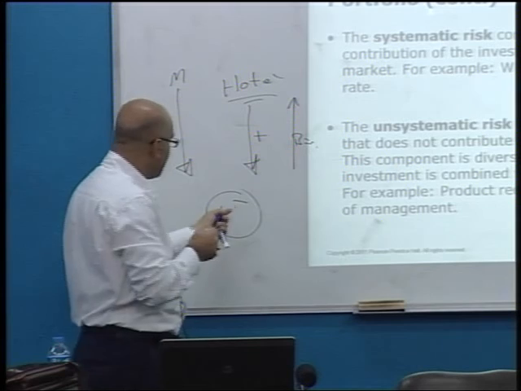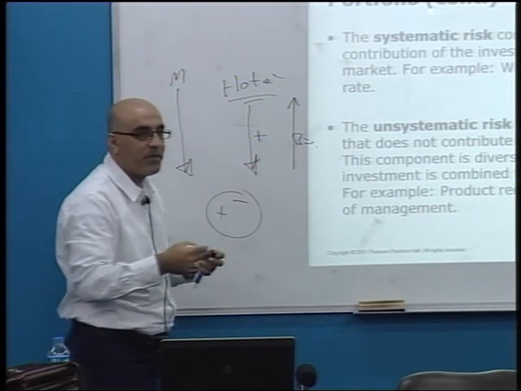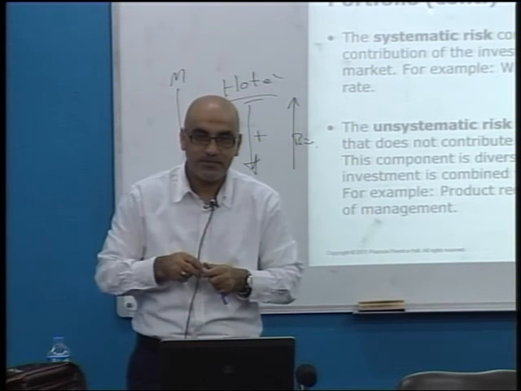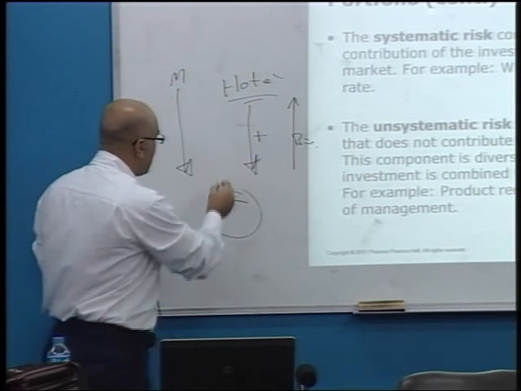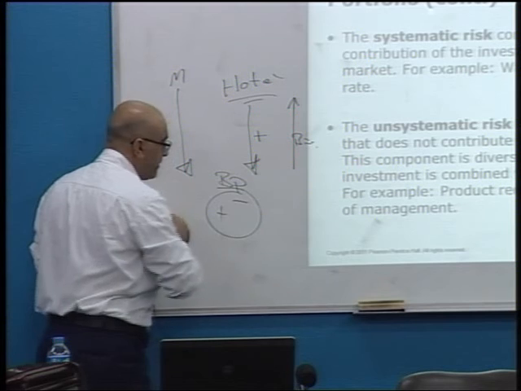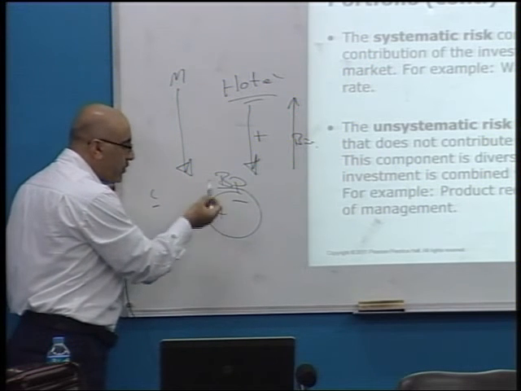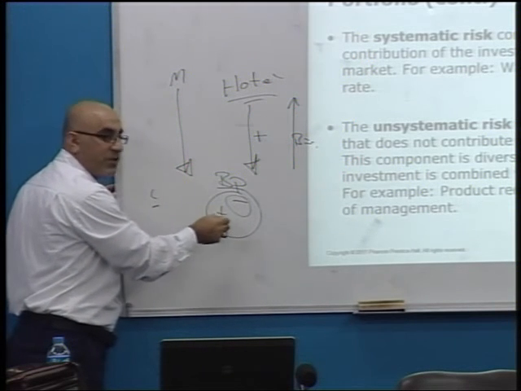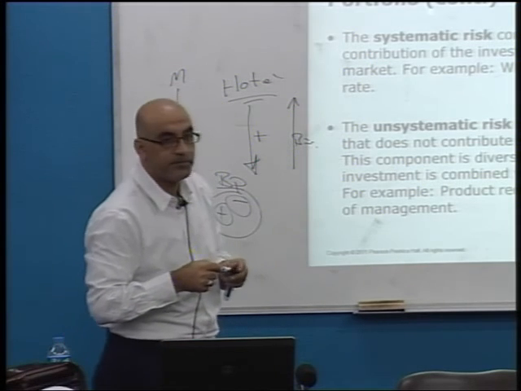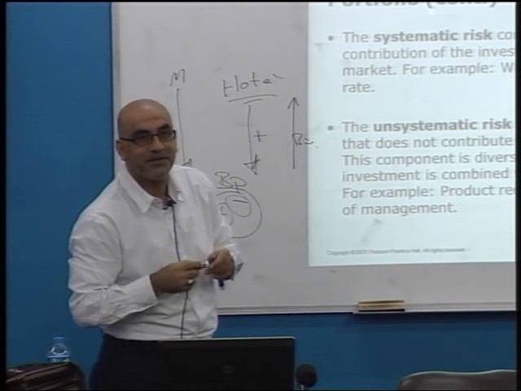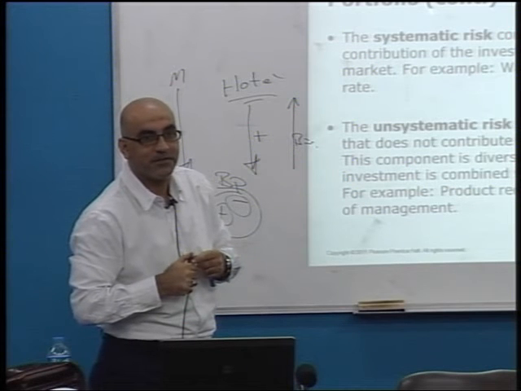If both minus and plus are together, maybe the beta will be lower. And the beta of the portfolio is measured by the contribution of each systematic risk. Okay?